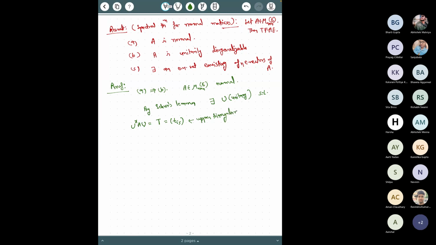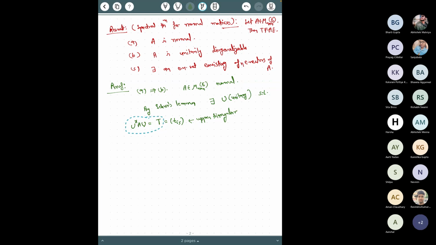If somehow I show that this upper triangular matrix is actually a diagonal matrix, then I'm done, right?